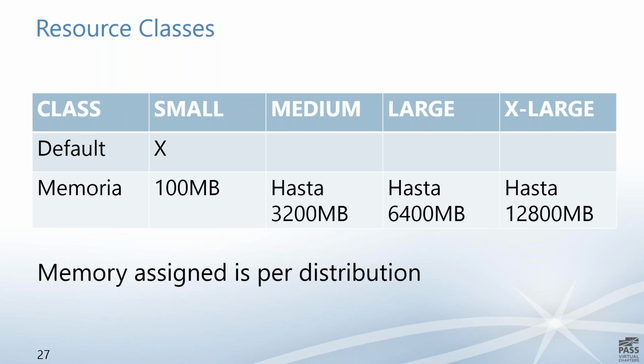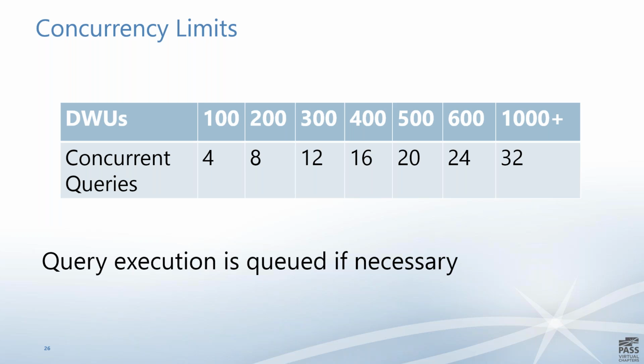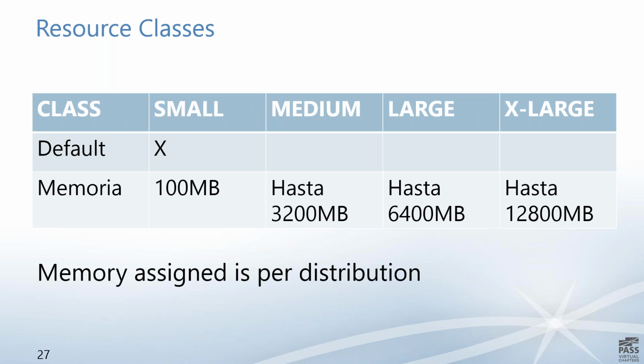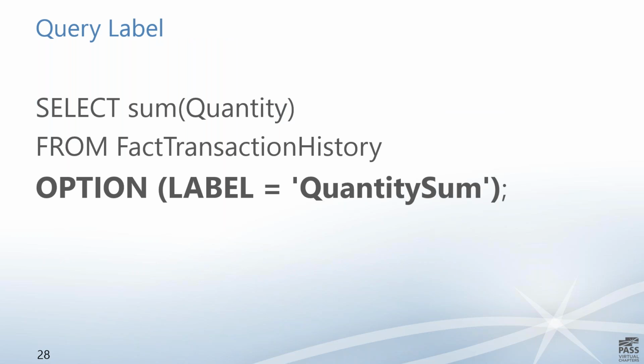Resource classes go all the way from small to extra large, and the memory you can consume goes all the way to 12 gigs per distribution. So if you multiply that by 60, that gives you a really, really large amount of memory. So memory is usually not the biggest concern, I would say. It's usually the concurrency limits, okay?